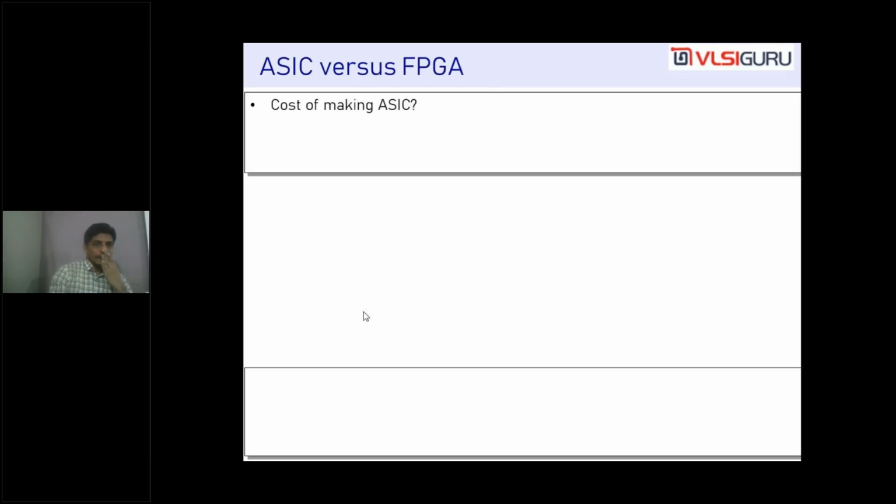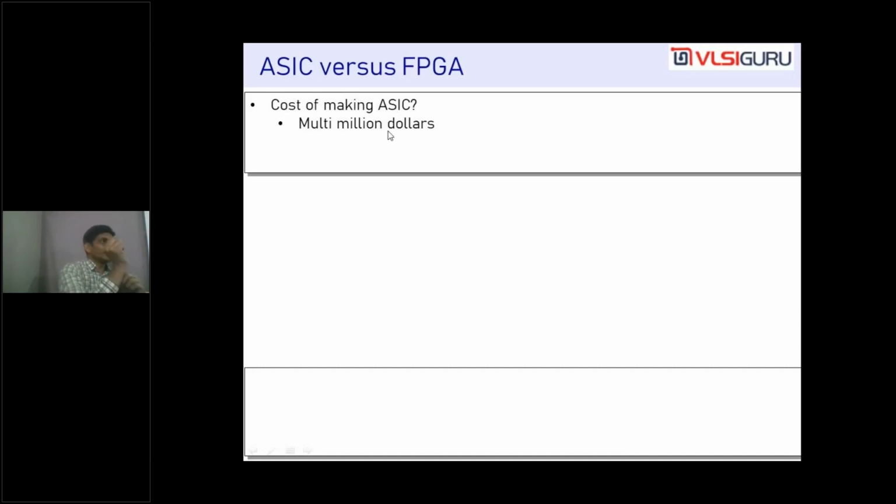Okay, cost of making an ASIC. Say you go to Qualcomm, they are working on developing the chip that went into your mobile phone. One of the examples, right? They would have spent multi-million dollars to implement that flow.